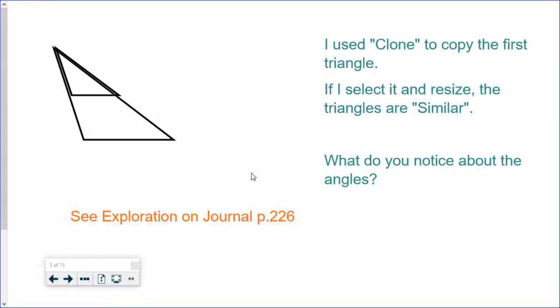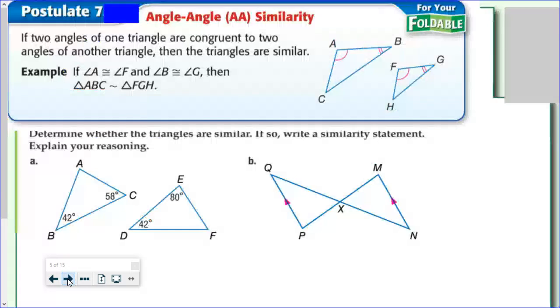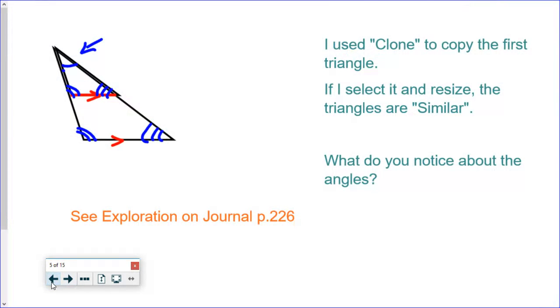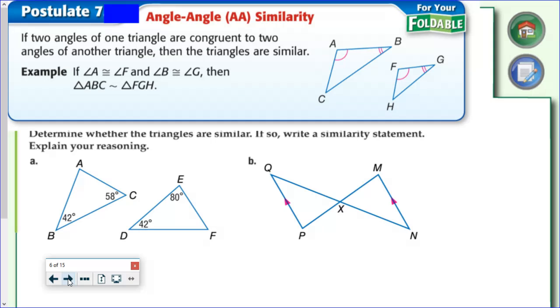So this is angle, angle, similar, because if this line here is parallel to this line, we have this angle being a shared angle in both triangles, this angle congruent to this angle, and the third, but we only really need two. So I usually pick the shared angle and one of the others. This only works when these two lines in red are parallel and there's a shared angle.